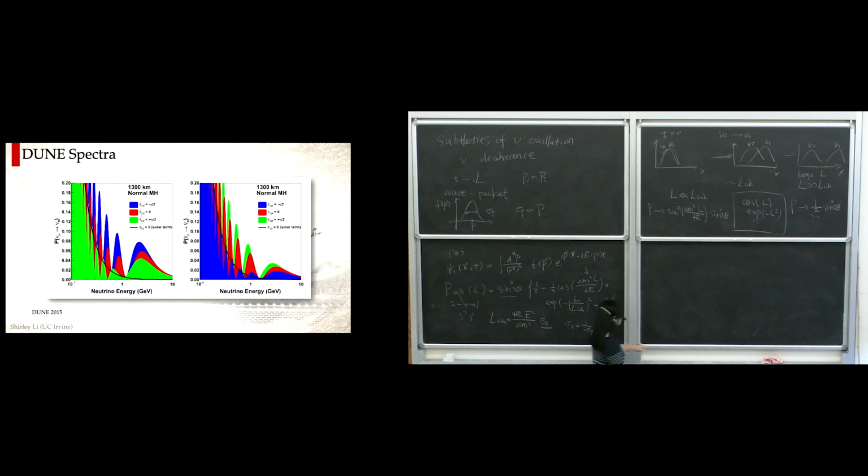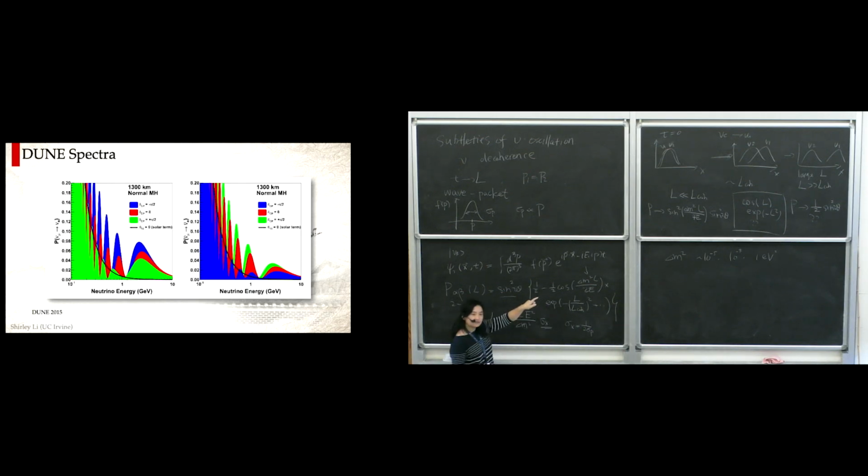And the recent claims are the following. For delta M square, we know we have the two standard model ones: the solar one, which is something like 10 to the minus 5 eV squared, and the atmospheric one, which is 10 to the minus 3. And the claim is that for these two, the coherence length is not short enough. But we also have this tentative signal of 1 eV squared.